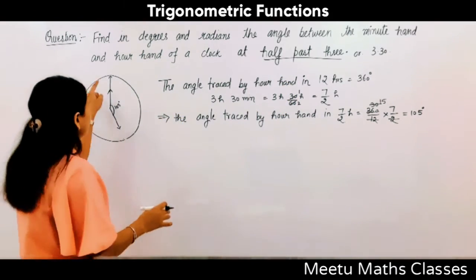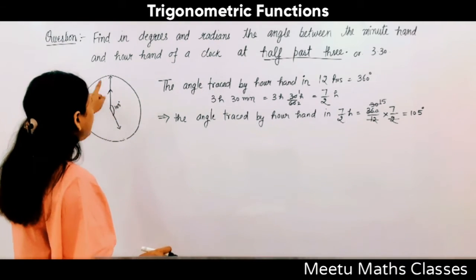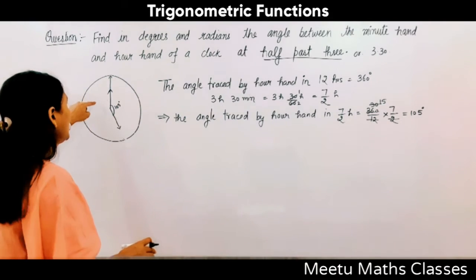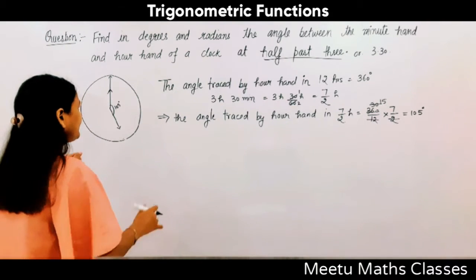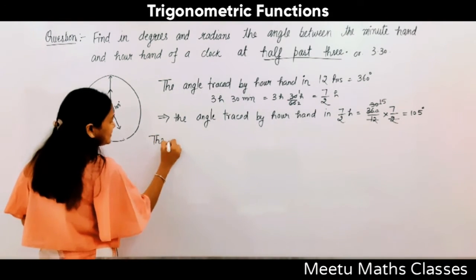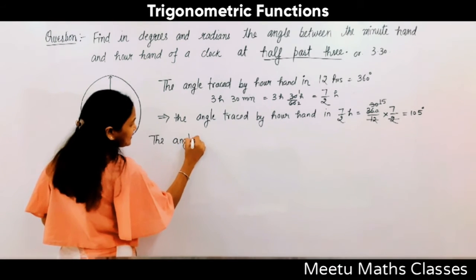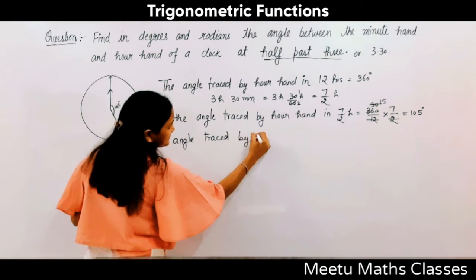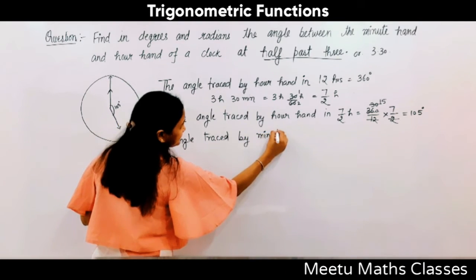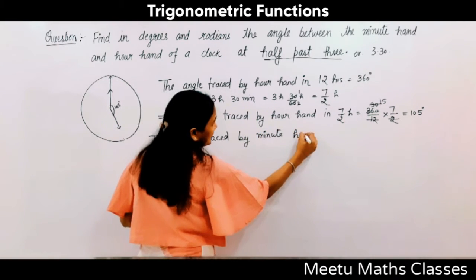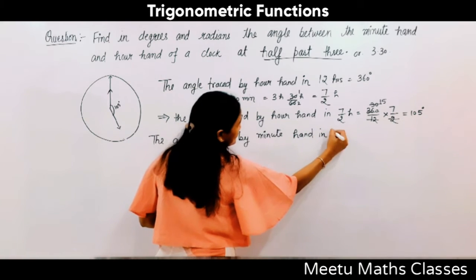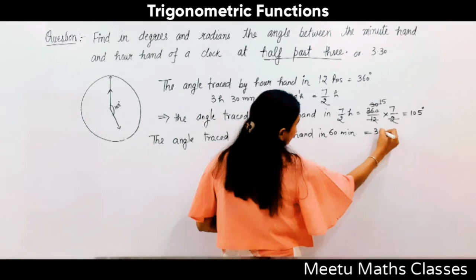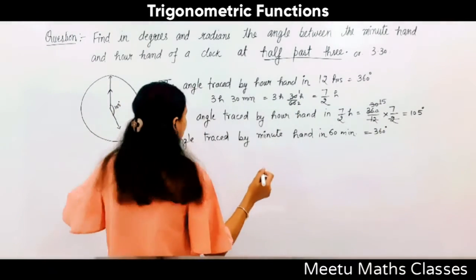We know that the minute hand completes one rotation in 60 minutes. So the angle traced by the minute hand in 60 minutes will be 360 degrees, cover कर लेती है पूरा 60 minutes में.